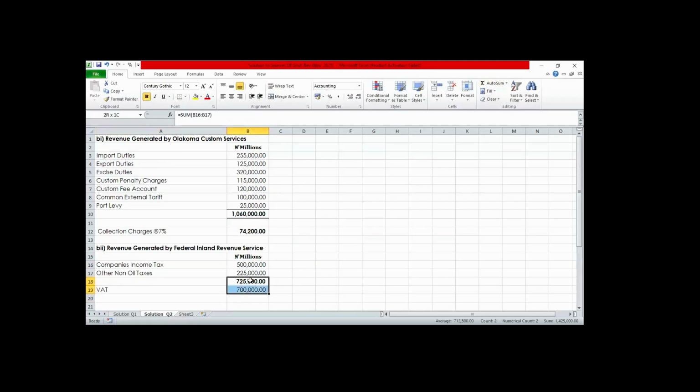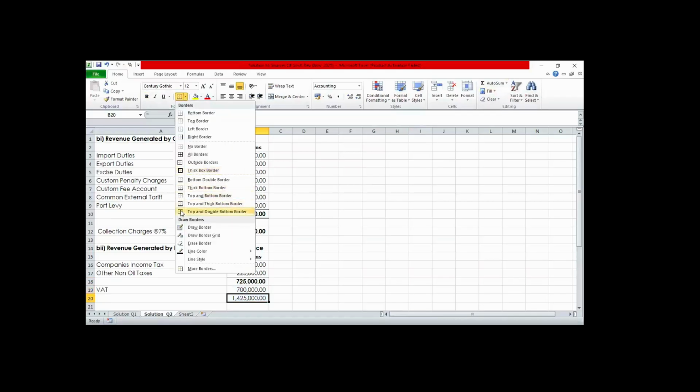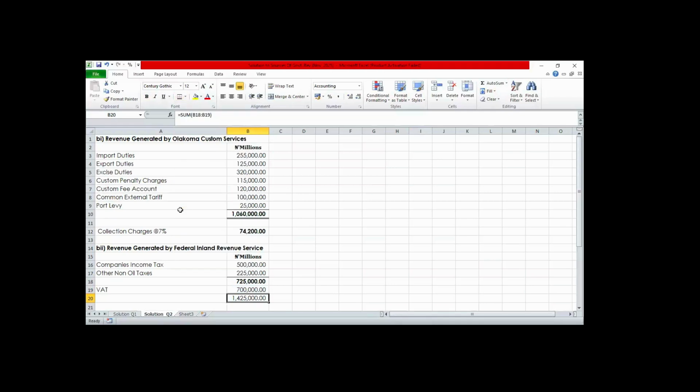Total of everything will now be how much? That's 1425. You will see the reason why I separated the VAT.